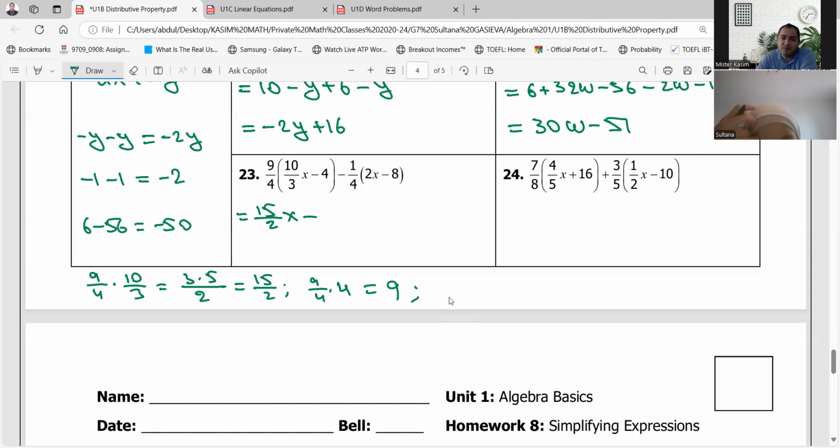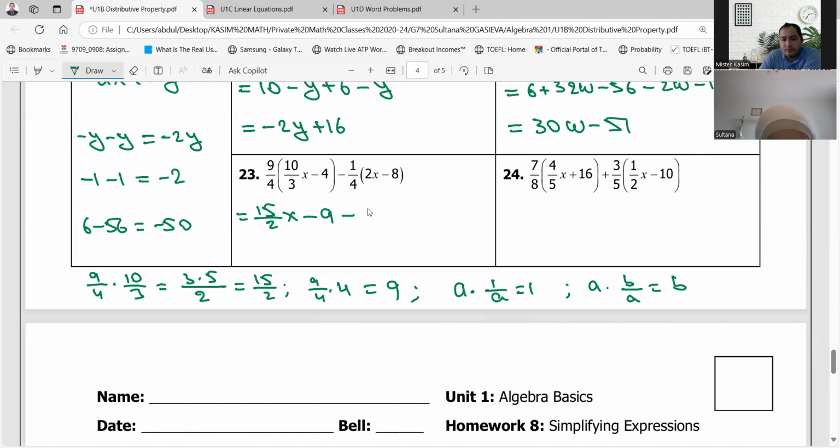We are going really fast, but now you forget everything. But can't you feel that a times 1 over a, that's equal to 1, right? So a times b over a, a at the top, a at the bottom, that's equal to b, right? So you should be able to see this really fast. 4 cancels each other, that's equal to 9. Still you are thinking. It is 9. Minus, what is 1 over 4 times 2x?